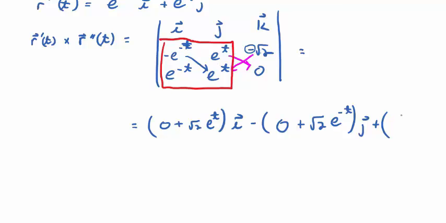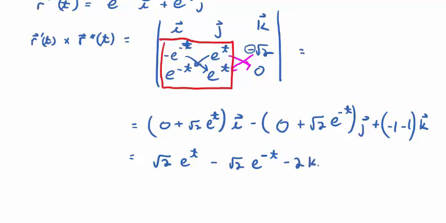So that's just going to be negative 1. And then minus e to the t times e to the negative t, which is minus 1, times k. So cleaning it up, for the cross product we get square root 2 e to the t minus square root 2 e to the negative t minus 2k.